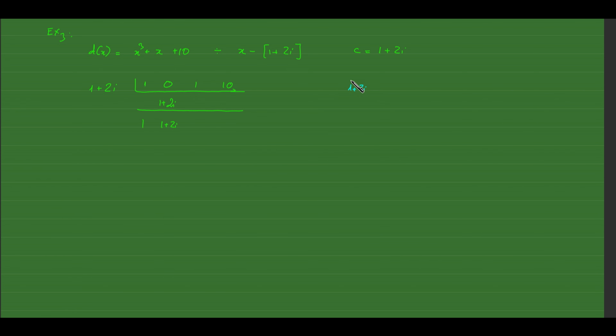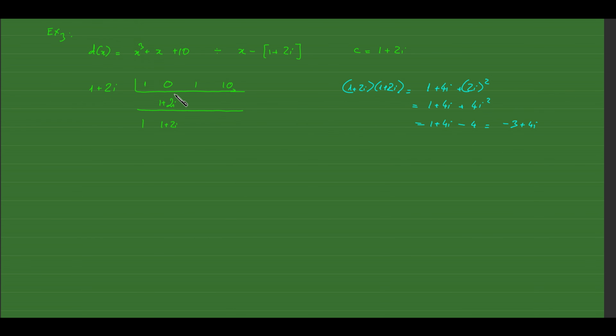1 plus 2i times 1 plus 2i gives you what? 1 plus 4i plus 2i squared. 2i squared gives you 4 times i squared, and i squared is negative 1, which is negative 4, so we get negative 3 plus 4i right over here.